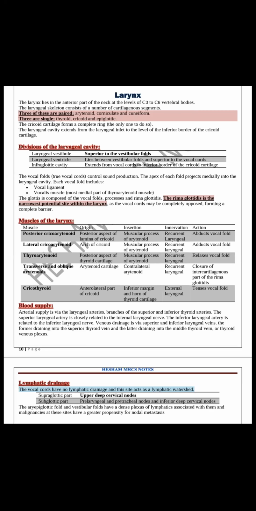Let's go back for a very important schedule for muscles acting on the larynx. I know the larynx is slightly difficult, but we will try to make it simple. Here you have the vestibule, which is found superior to the vestibular fold. Then you have the ventricle, the area found between the vestibular fold above and the vocal cord below.